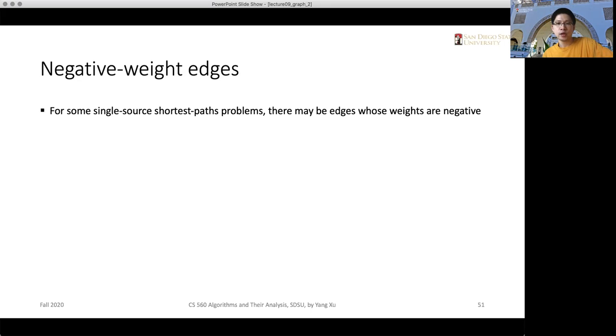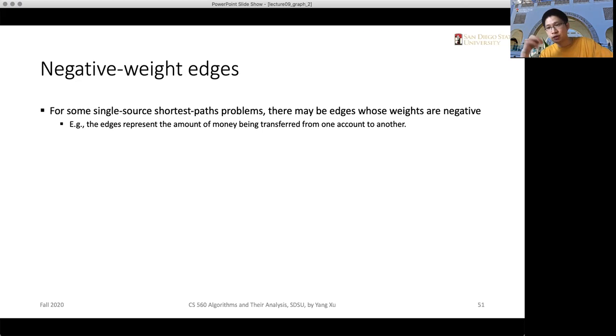First of all, we allow negative edges to exist because they can carry meaning. For example, the amount of money being transferred from one account to another, where we can use negative numbers to indicate whether this is a deposit or a spending.